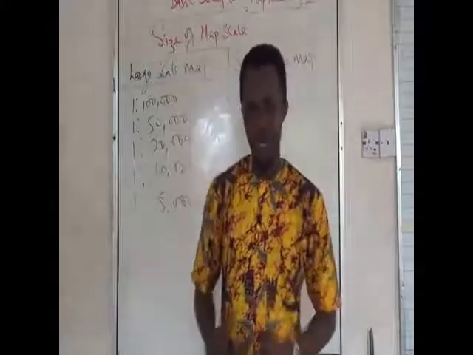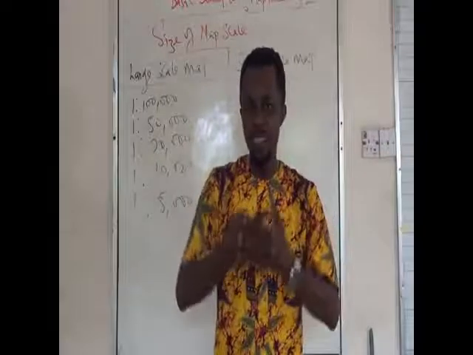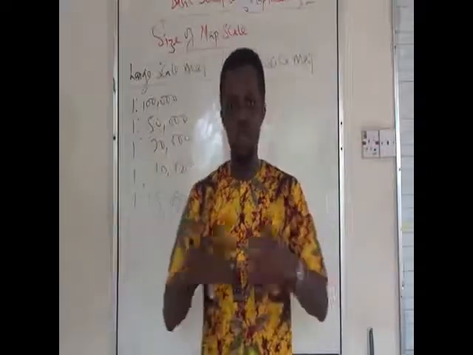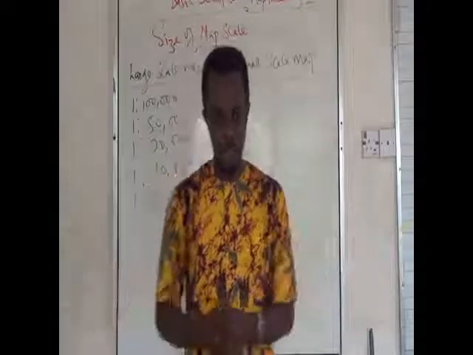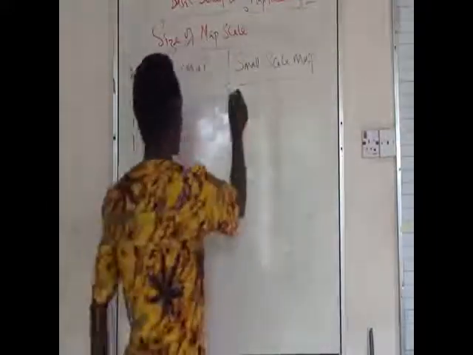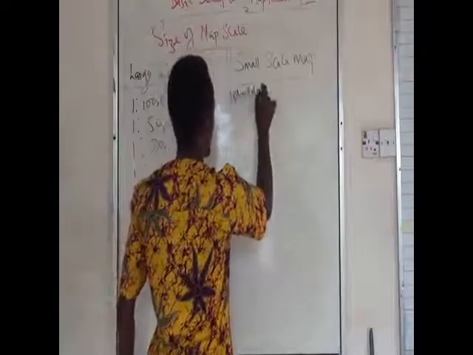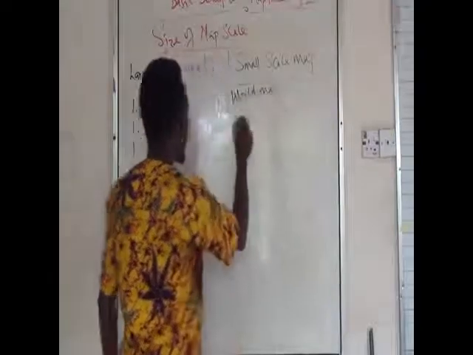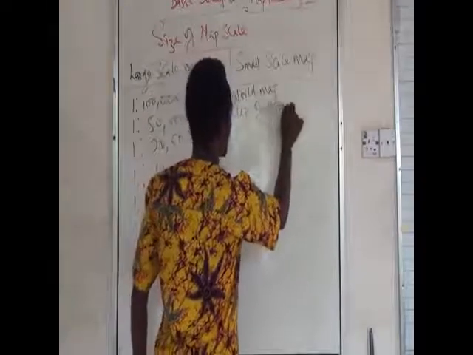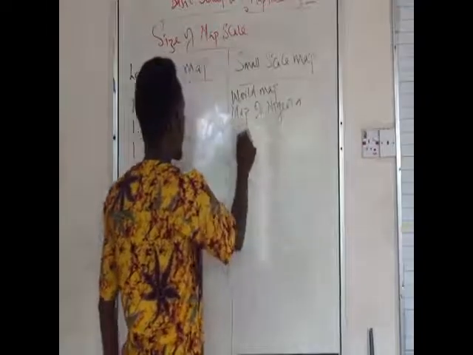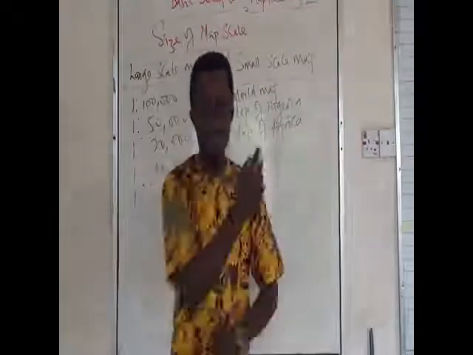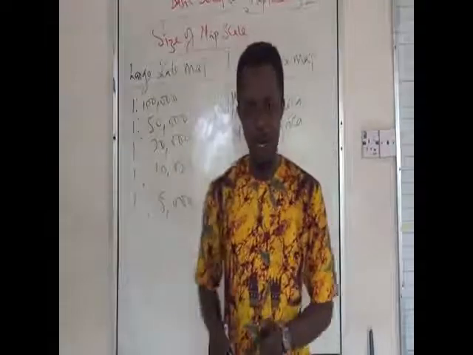When you take a look at a small scale map, you can only see very little information about the area because it represents a very large area. Examples of small scale maps: we have world map, we have map of Nigeria, we have map of Africa. These are all small scale maps.